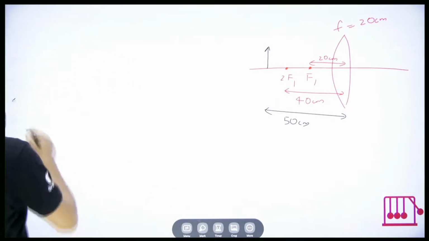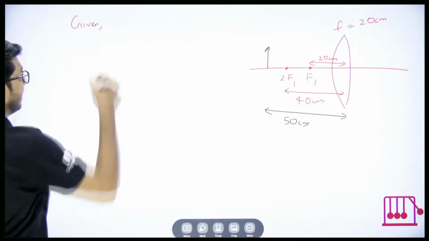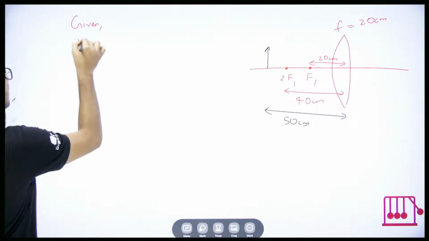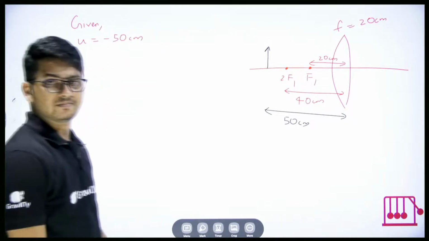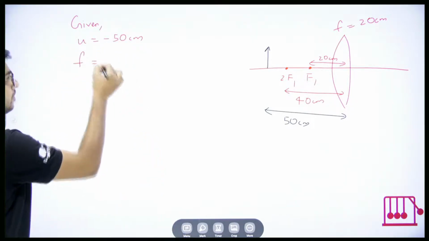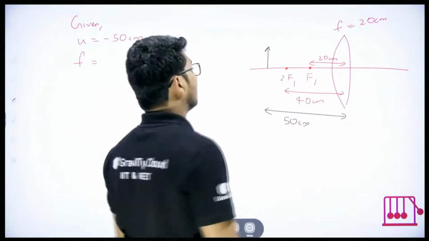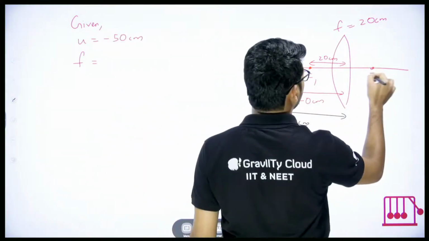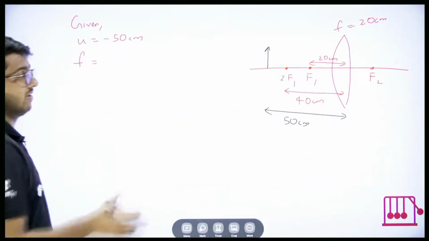Okay, so let's try verifying it, but now let's go into the information. Given information, you can clearly see object distance is always negative, so minus 50 centimeter. And then if I go into the focal length, for a convex lens, we have to talk about F2 here. F2 is somewhere here. So yeah, F2, not F1. You have to take care of F2.